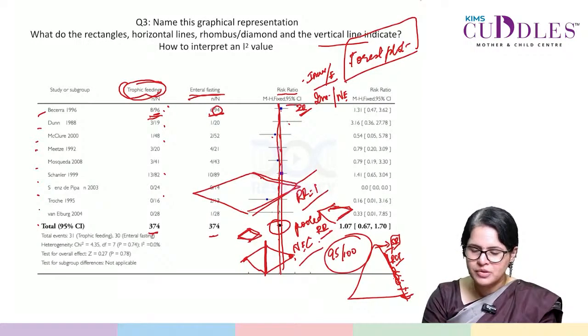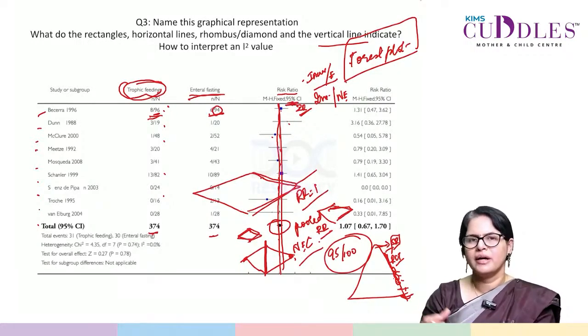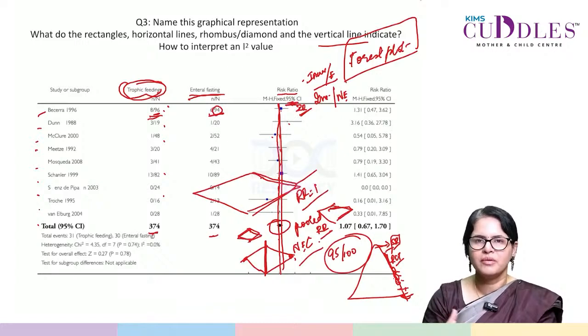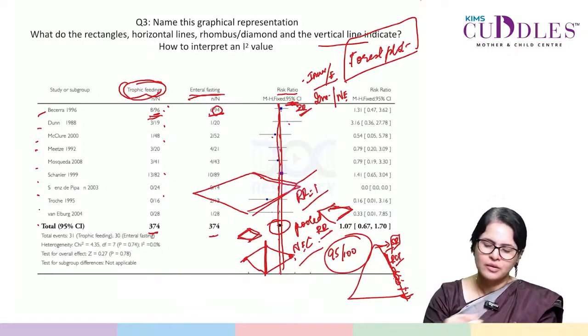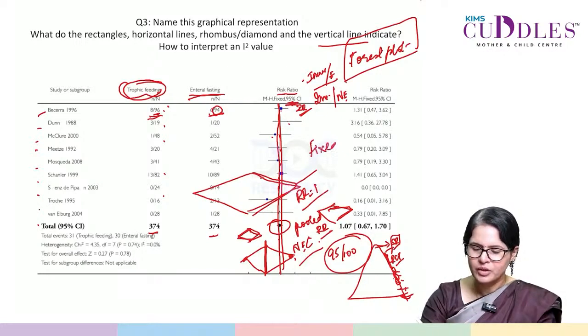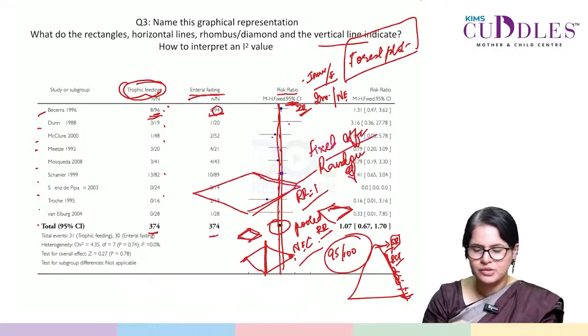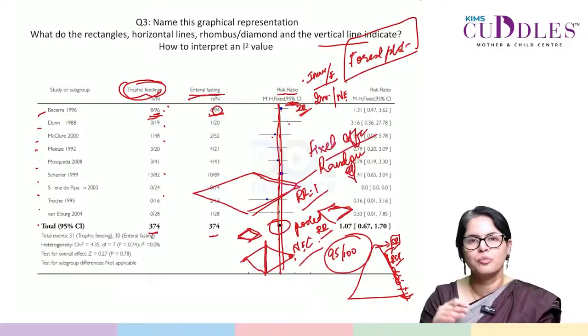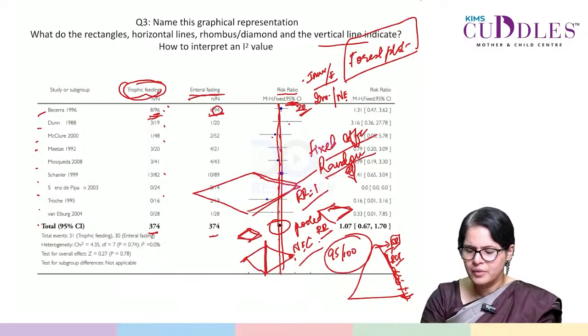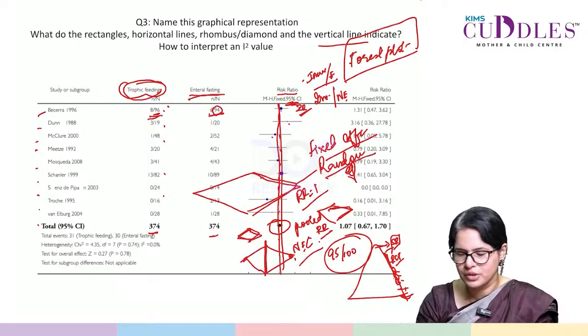This 95% confidence interval, or the pooling, can be done by various techniques. You have either the fixed effects model or the random effects model. The fixed effects model is used when the heterogeneity is low or when the studies are fairly homogeneous or similar to each other. The random effects model is used when there is high heterogeneity.